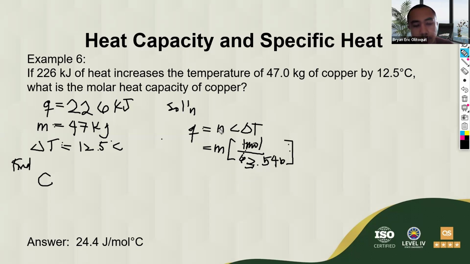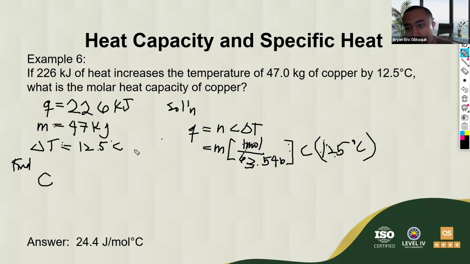That is how you determine the n multiplied by C, which is what we are looking for, multiplied by the change in temperature of 12.5 degrees Celsius. Q is 226 kilojoules.